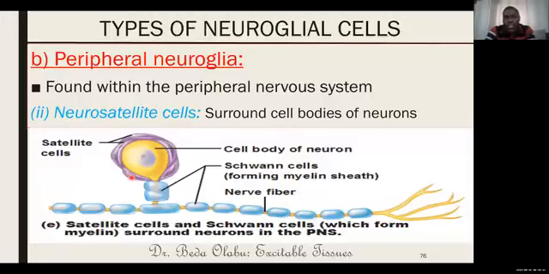If you are outside the central nervous system, you are in the peripheral nervous system. So you can compare satellite cells to astrocytes, except that astrocytes are in the CNS. These ones are in the PNS.